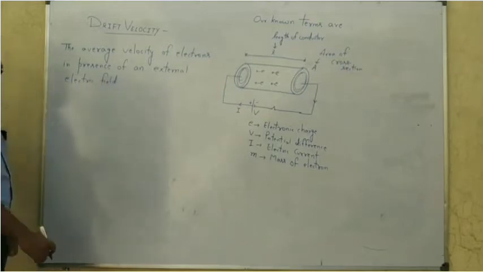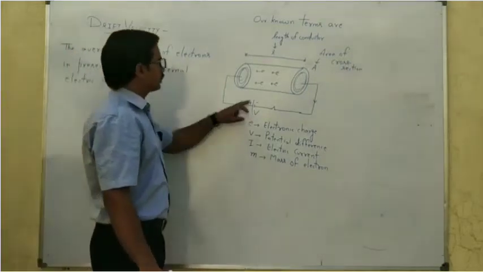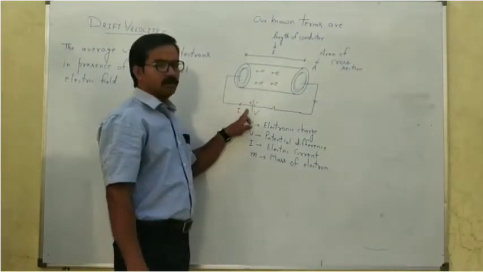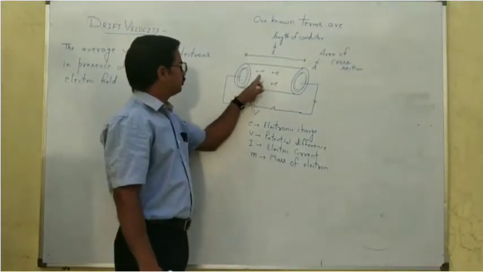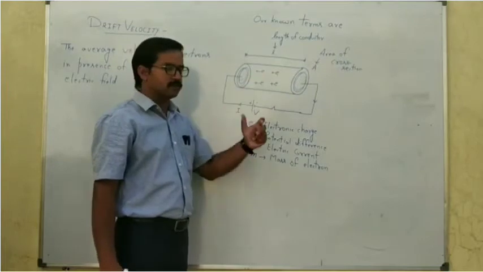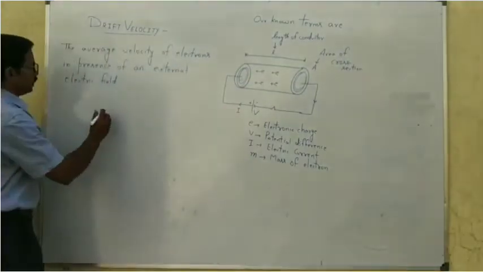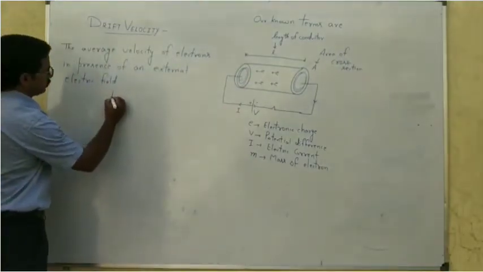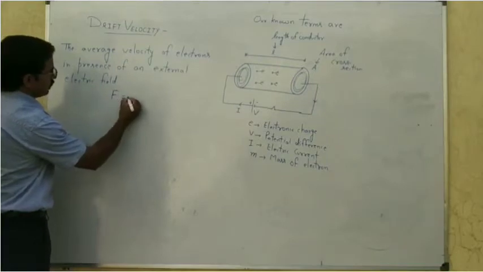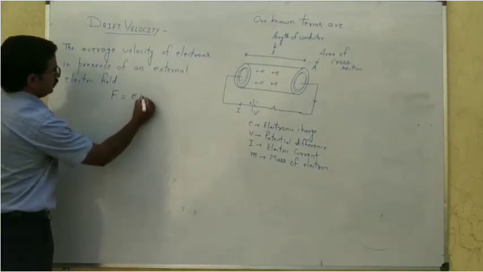External electric field. So we can see the electrons are pulled by the positive terminal of this cell. So we can say these electrons are getting some force. That force we know about. This force can be written in terms of E.